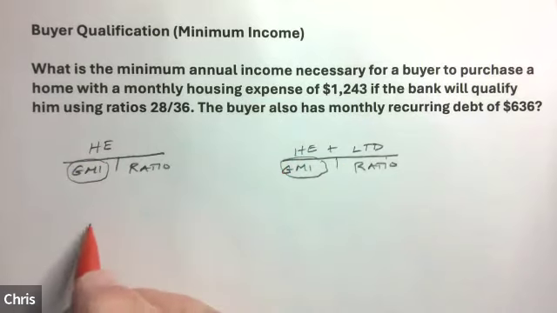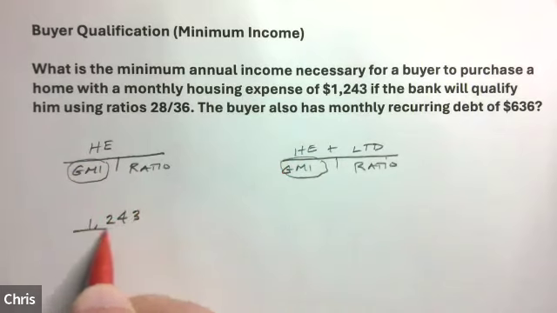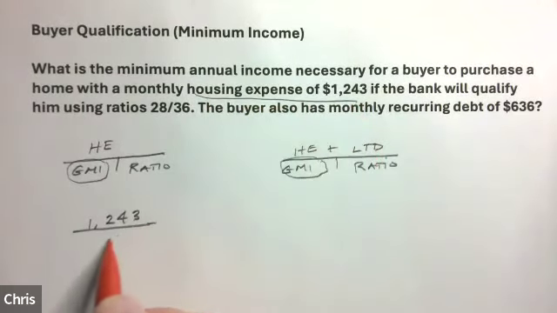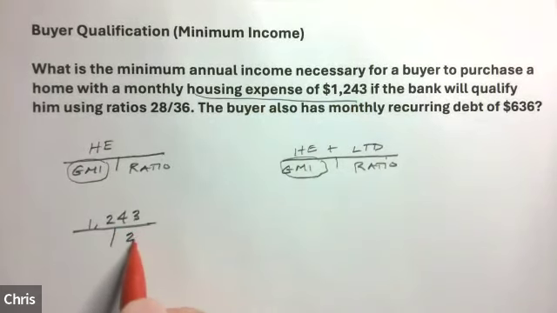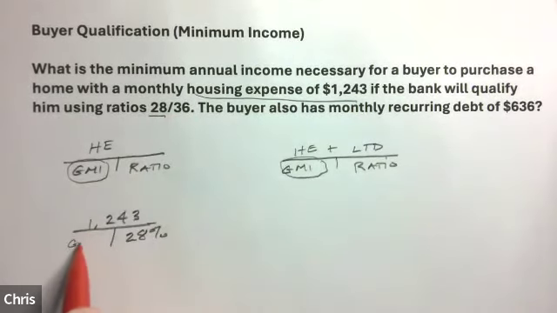So let's see if we start plugging things in, what happens. So we have 1243 down here, housing expense given. We have the ratio on the front end of 28%, again, given, and we're looking for the GMI. So 1243 divided by 28%.